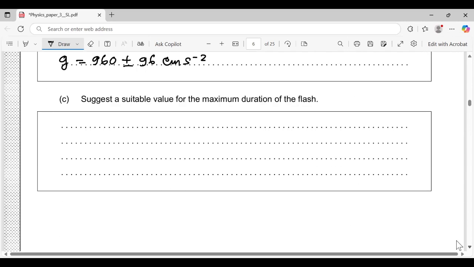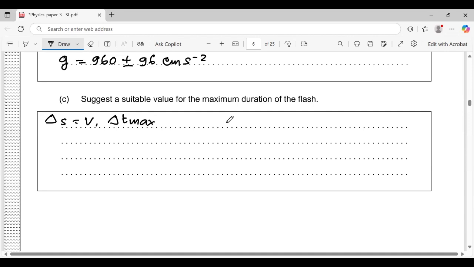Next question. C. Suggest a suitable value for the maximum duration of the flash. We want the ball to travel a distance no greater than the uncertainty in position during the flash. So we can determine the maximum flash duration through the formula delta s equals v times delta T maximum.